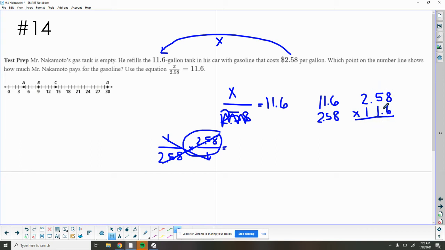Remember, when you multiply by this first one, you'll want a placeholder. And when we multiply by this second one, we want 2 placeholders to get it all the way over to the hundreds place. And then when you're done, you have 3 decimal places. Once you have that answer, you can decide which point on the graph represents the total he paid for gasoline.